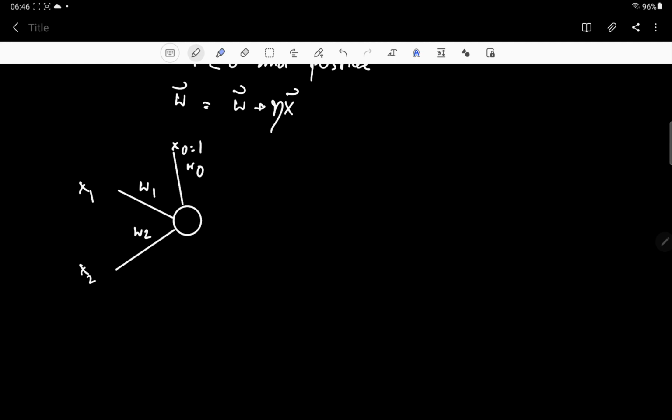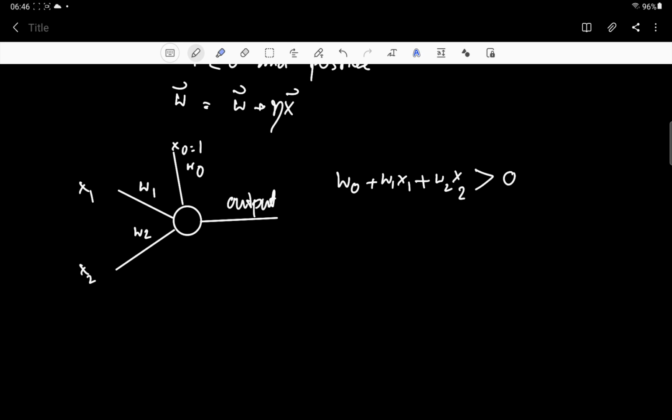This is the basic structure of the perceptron that gets two inputs, x1 and x2, and has an output. So look at this. Our equation is w0 plus w1x1 plus w2x2, that must be greater than 0.